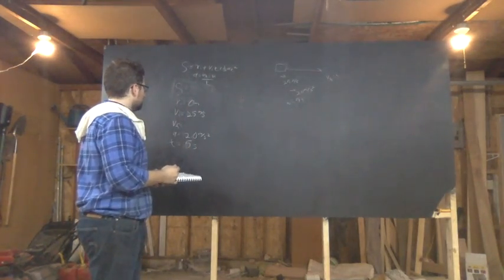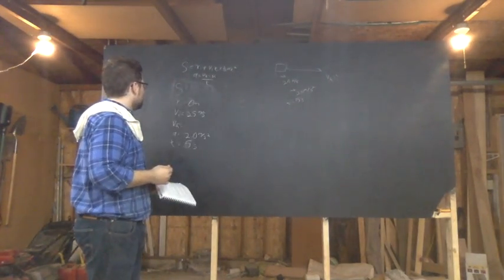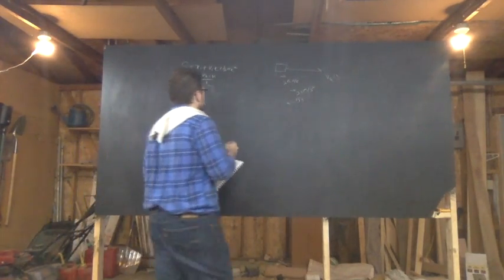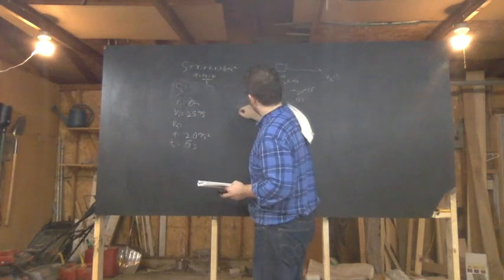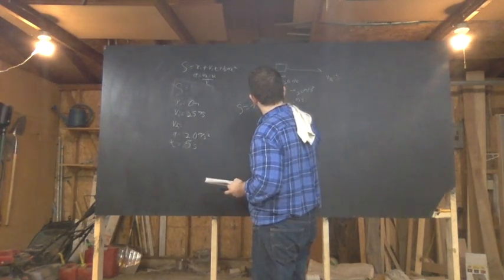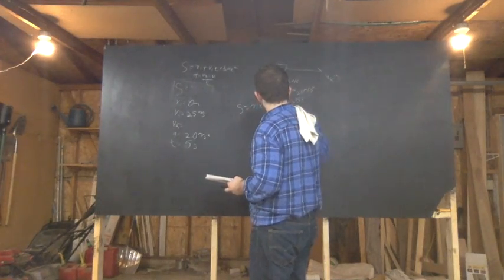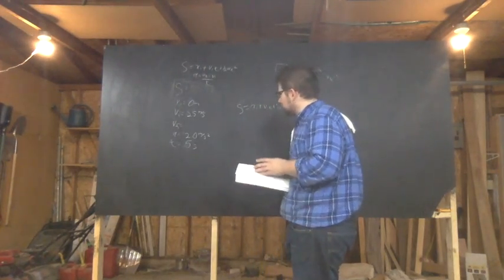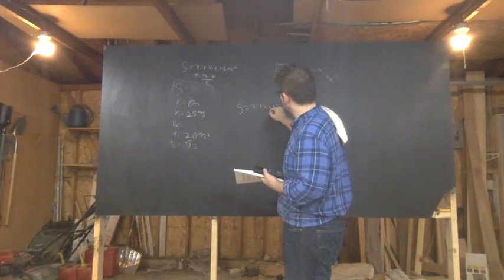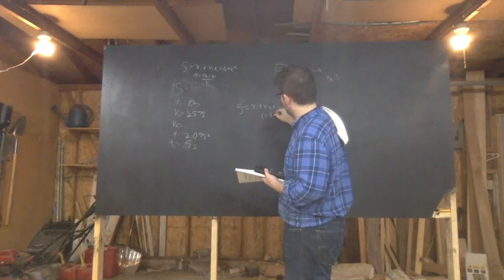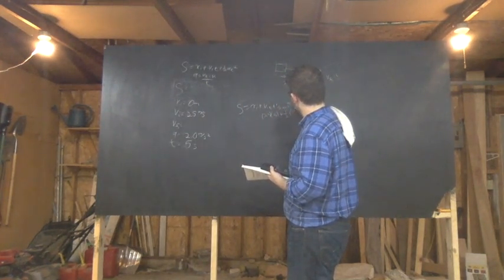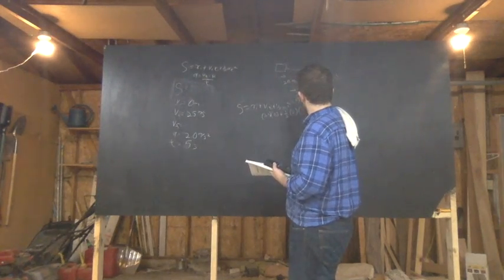So, the first problem, I can go ahead and figure out my displacement. So, we're going to plug in our S formula. S equals xi plus vit plus 1/2 at squared. And so, xi is going to drop out. Vit, that's going to be 25 times 5 plus 1/2 of 2 times 5 squared.